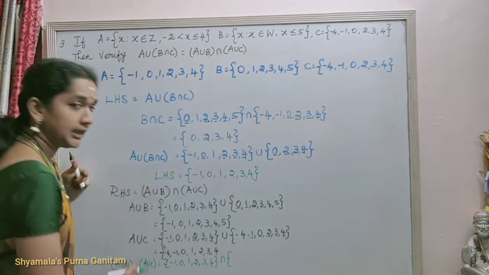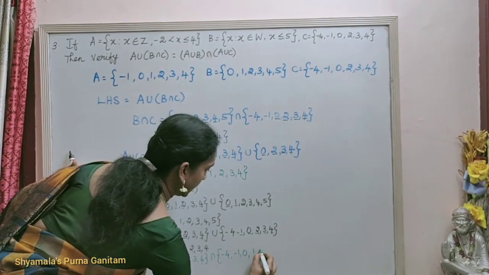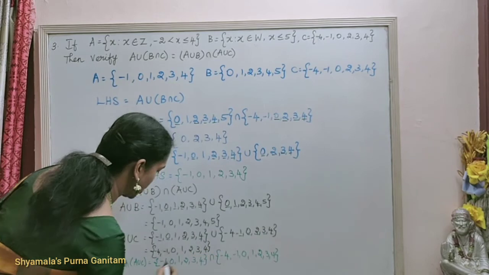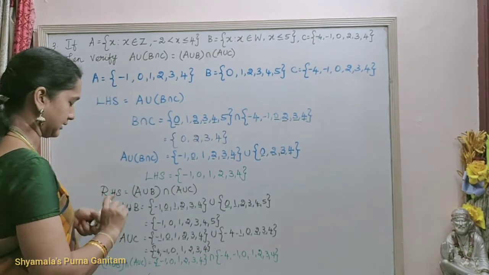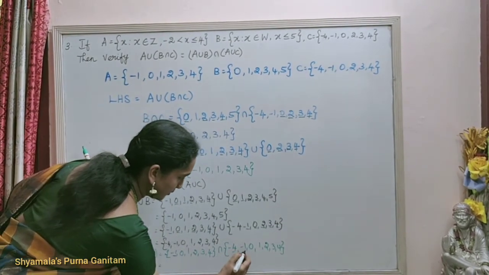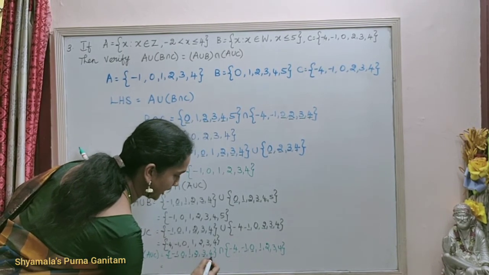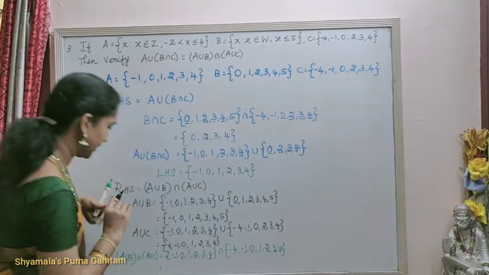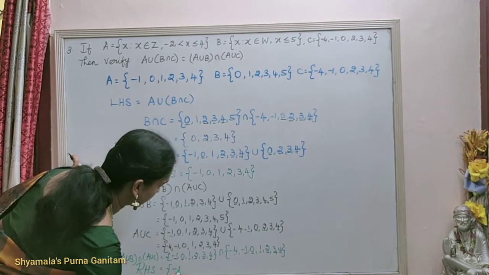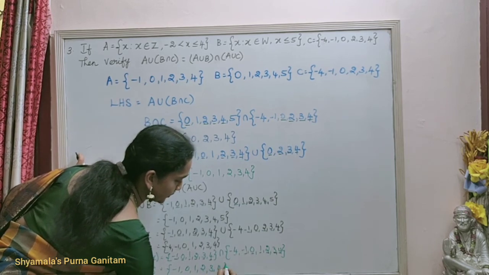Intersection A union C is minus 4, minus 1, 0, 1, 2, 3, 4. The common elements between these two sets are minus 1, 0, 1, 2, 3, 4. So the RHS is minus 1, 0, 1, 2, 3, 4.